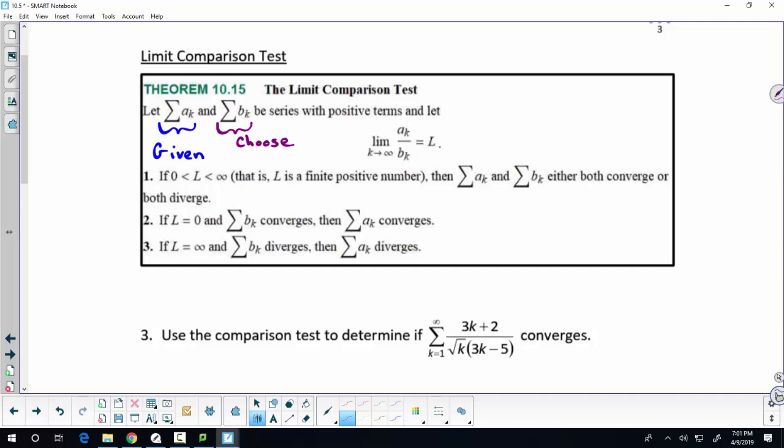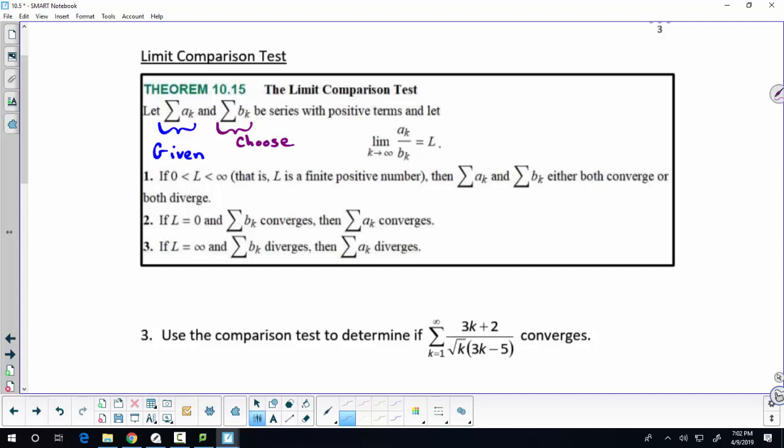Right. Okay, so notice the first condition, if this limit is 0, then B grows faster. So that's leading us to scenario 2. Really the only conclusion we can make is that if B is growing faster than A, but B converges, what that means is basically B is converging faster than A is converging.